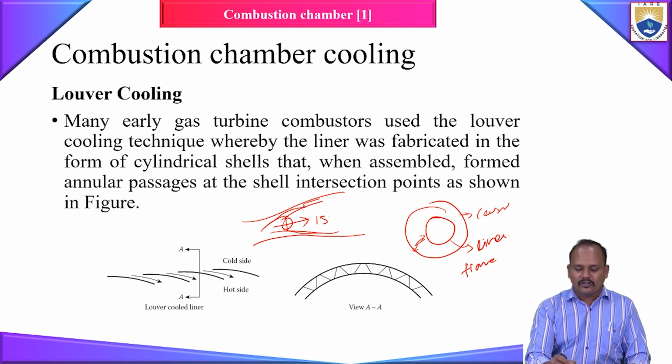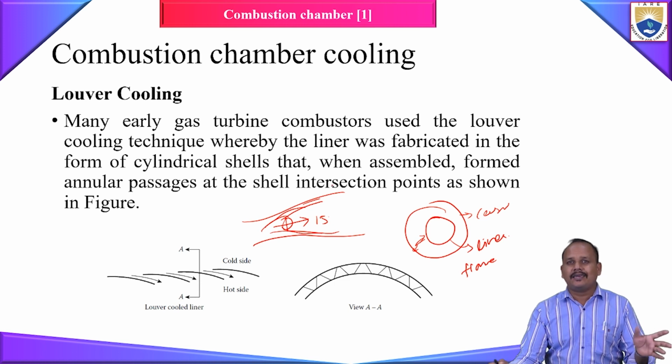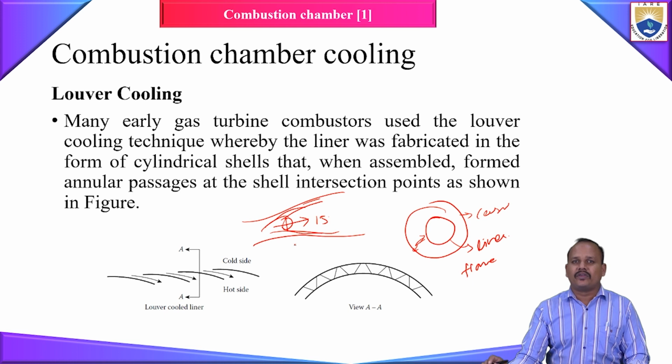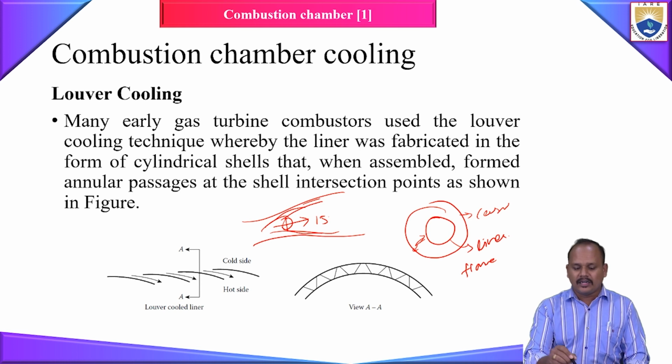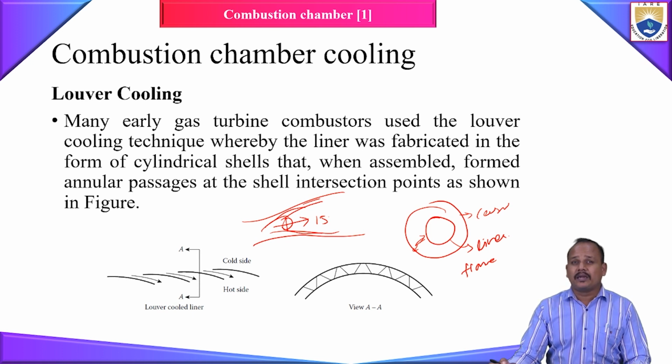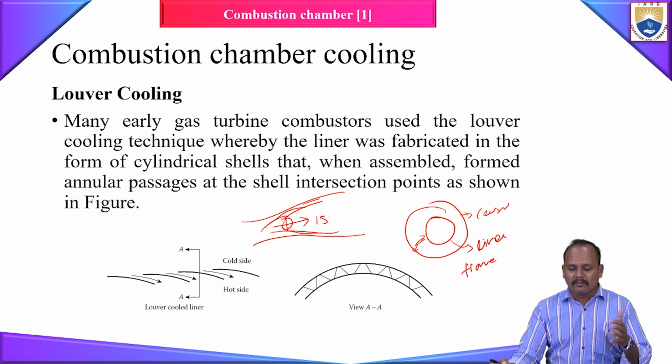First of all, your casing is protected because we have cooling air around the entire circumference, so you will not have much of a problem for your outer wall. Because there is no direct contact, you won't have convection between your hot air and the casing, but because of radiation the temperature of your outer wall may increase.